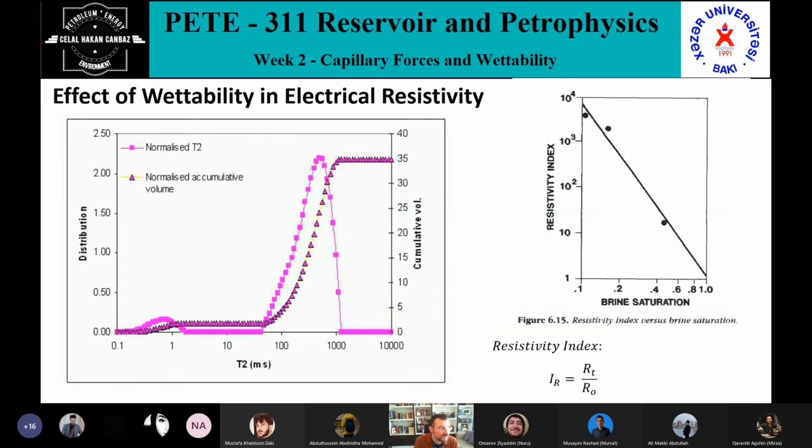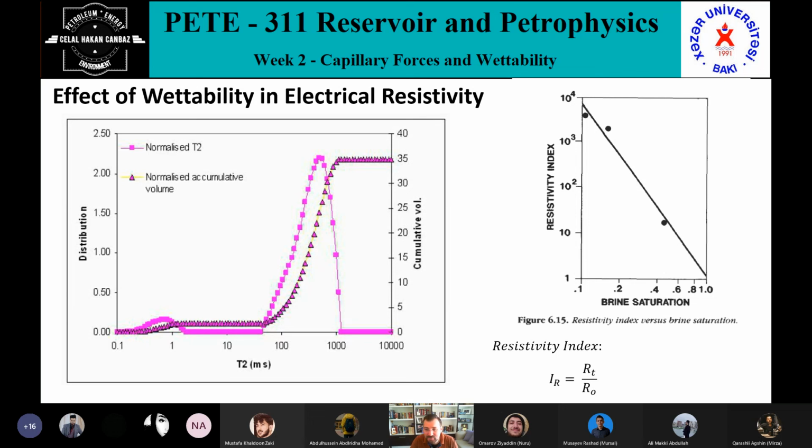So, the effect of wettability on electrical resistivity, we said. Here in the figure, you see two different plots, right? Normalized T2 is shown as normalized cumulative volume. Here, if you see a longer T2, a longer peak value like this, your surface relaxivity is smaller than water.